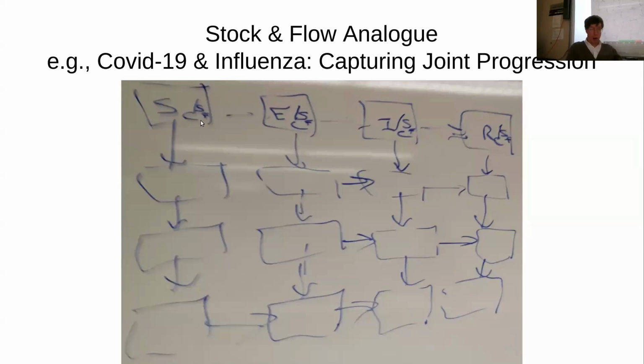So again, I noted last time in my gesturing at this that we have progression of COVID along each of these rows. We are characterizing the natural history of COVID. Each of the columns, we are characterizing successive states of the flu.